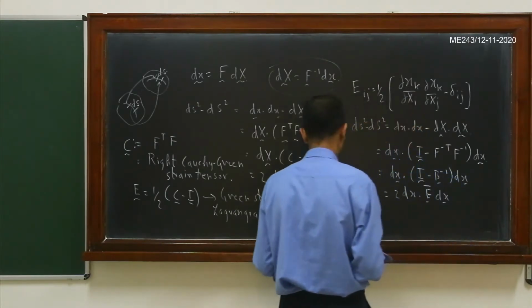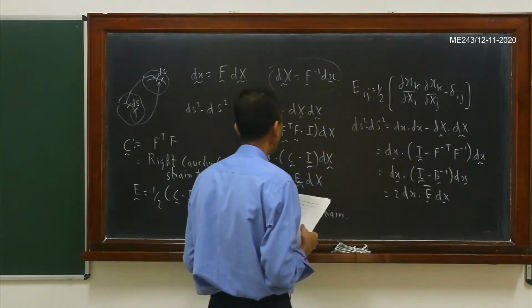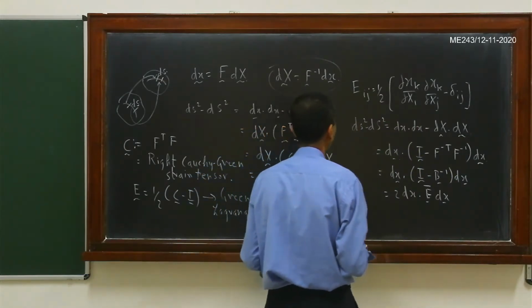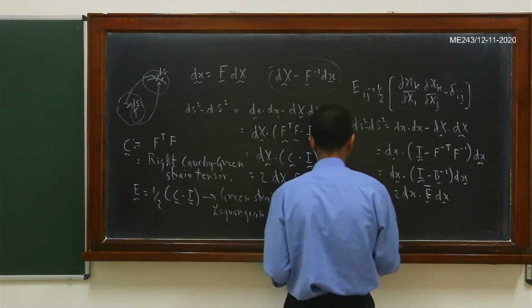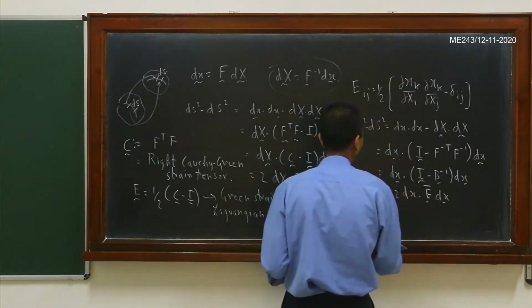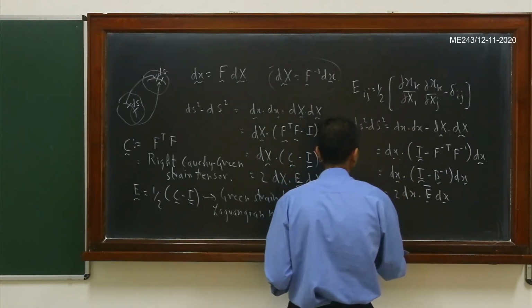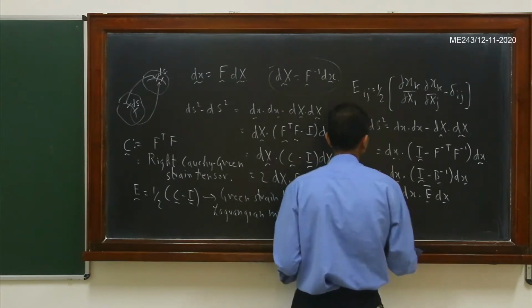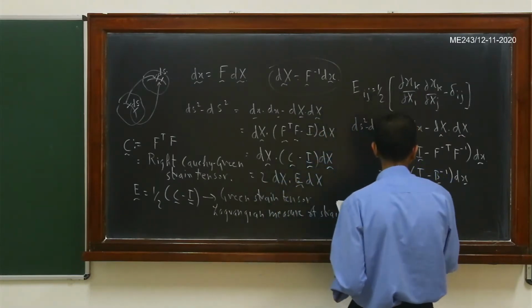Now B is equal to F F transpose. This is known as the left Cauchy-Green strain tensor.